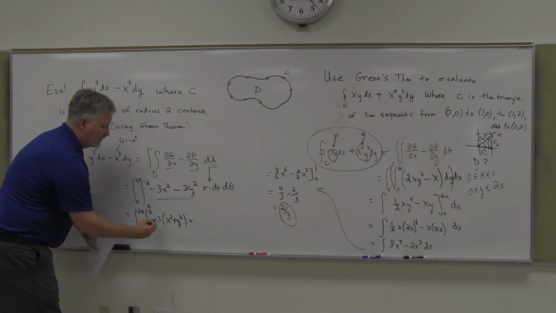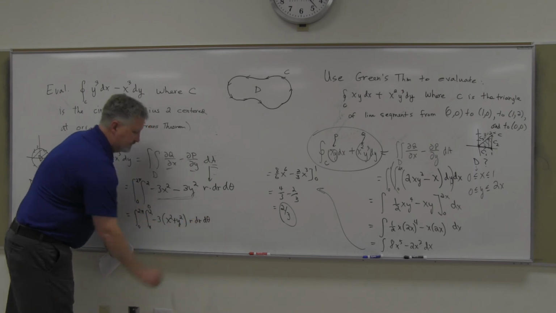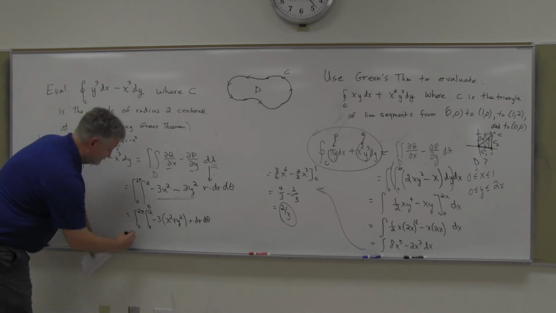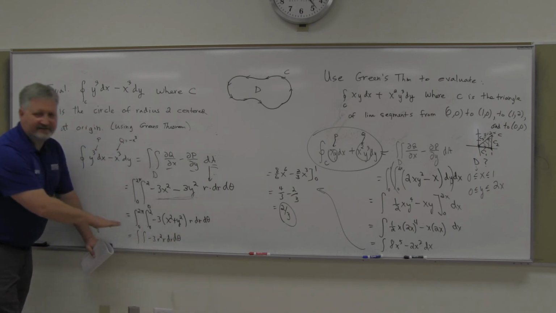You get negative 3 times x squared plus y squared. What is x squared plus y squared? That equals r squared.